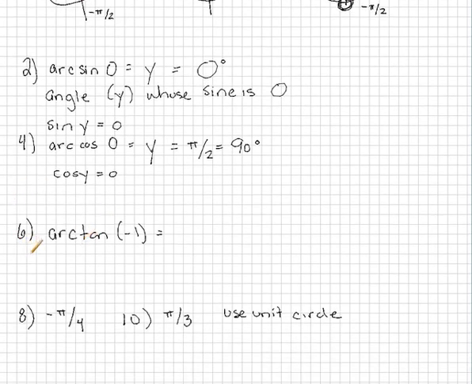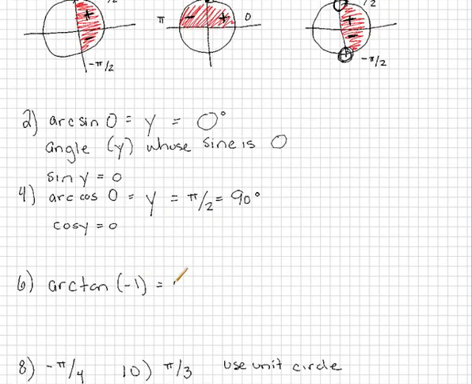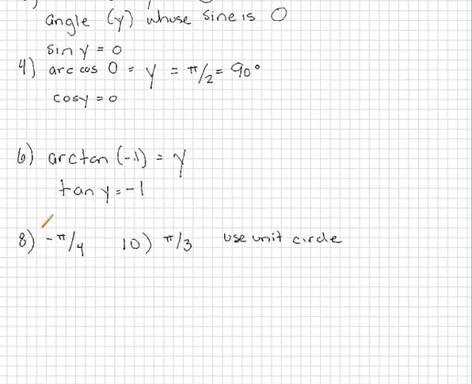Now for number 6, we're actually looking at arctangent. Let's go ahead and call this y again and rewrite it. So we're looking for the angle y whose tangent is -1. This one I'm going to go ahead and rewrite so that we remember that tangent is actually a ratio.